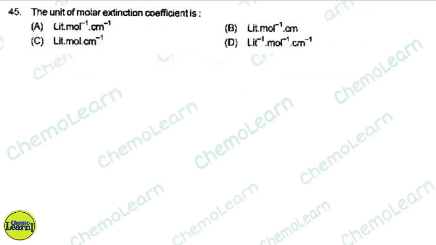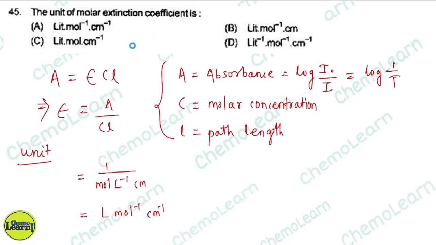Question number 45. The unit of molar extinction coefficient is what? Molar extinction coefficient is from Lambert-Beer's law. From that law we have A equal to epsilon C L. What is A? A is the absorbance, which is log I naught by I or log 1 by T. T is the transmittance.